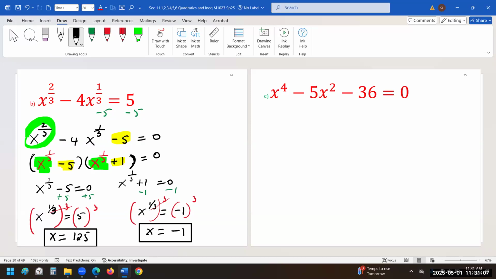The same concept. You're breaking x to the 4 into 2 pieces, 36 into 2 pieces.